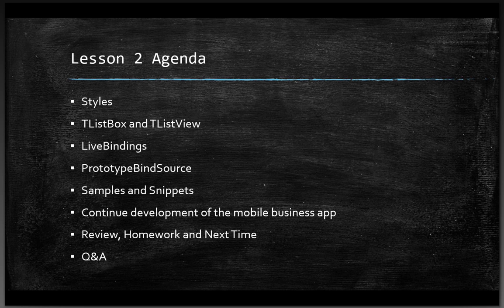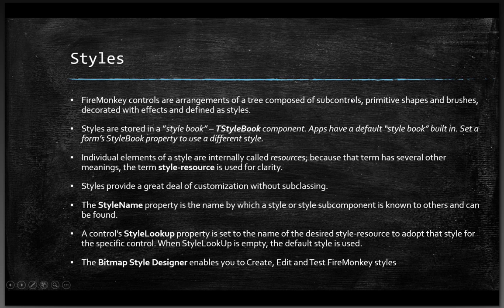We're going to talk about the prototype bind source, which is a component that can generate sample data for you that you can connect to your user interface while you wait for the database to get delivered to you, or the connection to the database to be built. And then we'll continue to talk about our business app that we're building up each time, and we'll review and assign some homework and what we're going to cover next time.